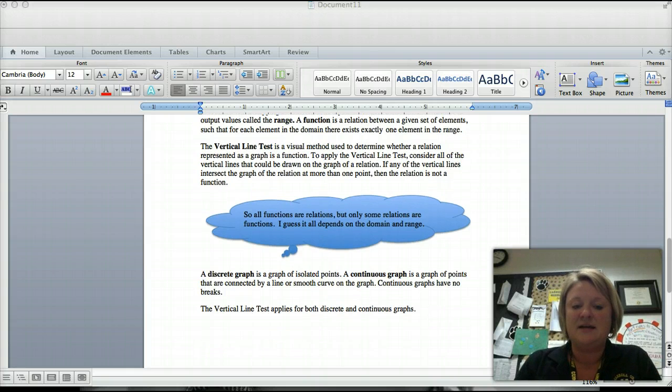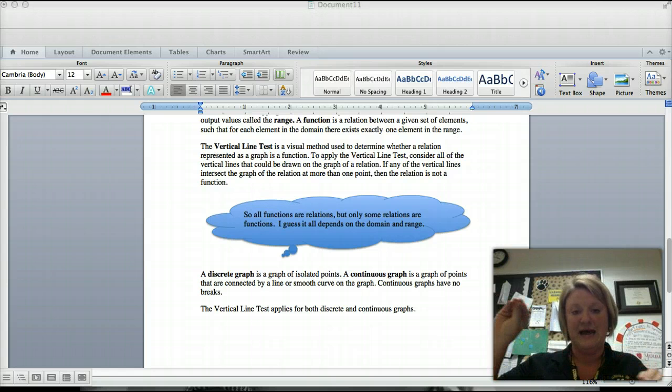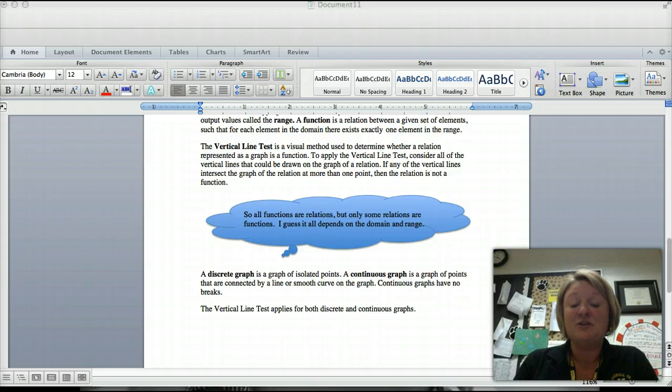We know that discrete graphs are isolated dots, and continuous graphs are a smooth line or a smooth curve. It's a solid. And vertical line tests apply to discrete and continuous graphs. You may think they only apply to continuous, but they apply to discrete as well.